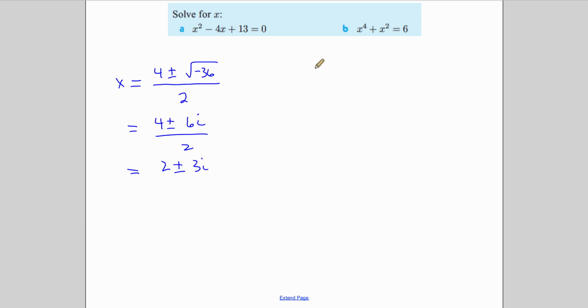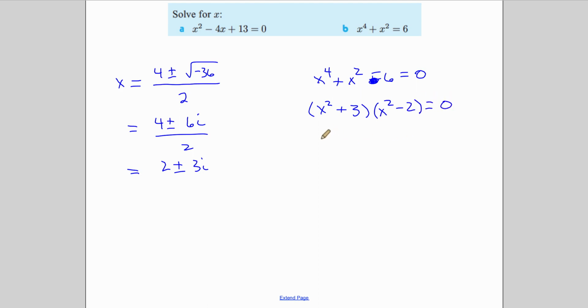Okay, so part b, x to the 4th plus x squared minus 6 is equal to 0, which of course we can write as, or hopefully you see that we can rewrite this as x squared plus 3, oops, that's not a plus, hopefully you caught that, that's a minus, times x squared minus 2.